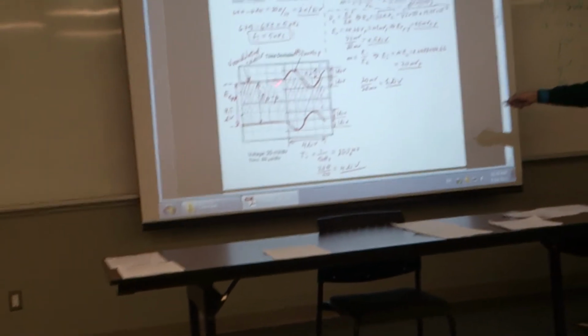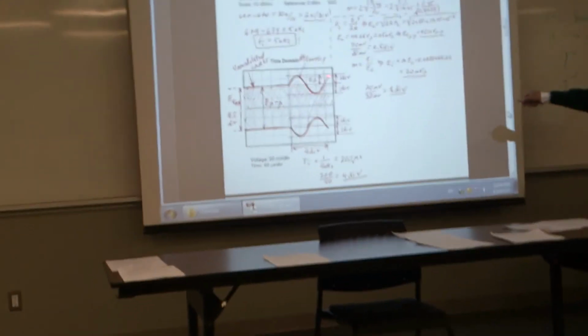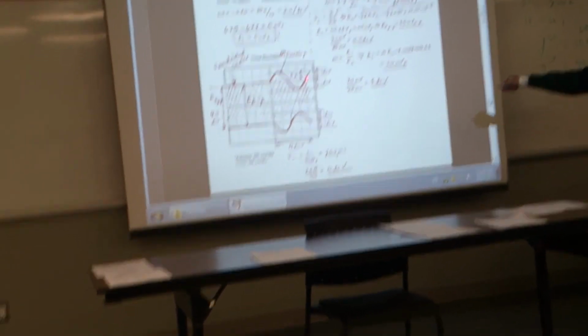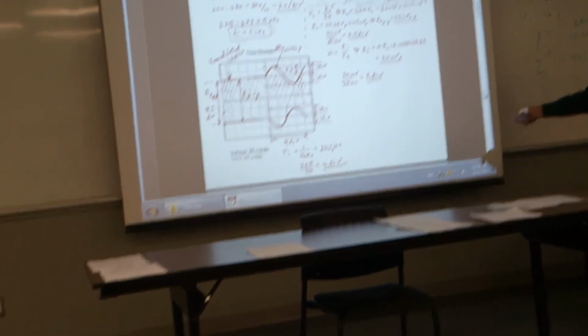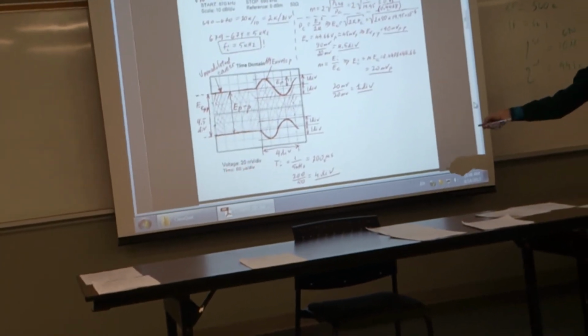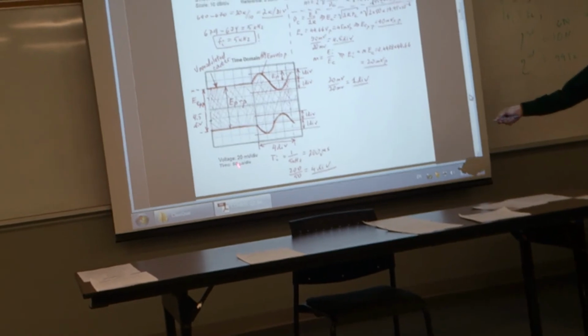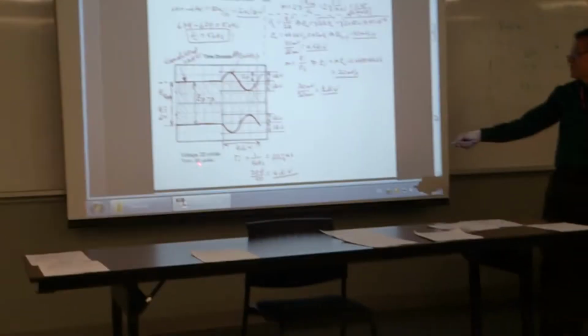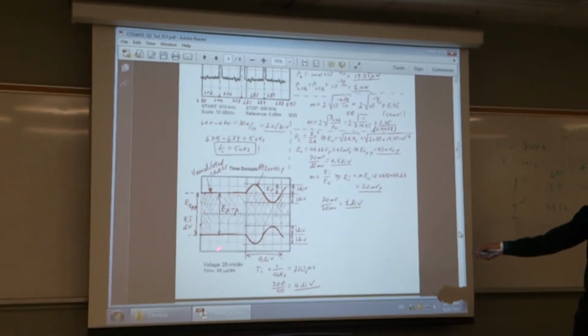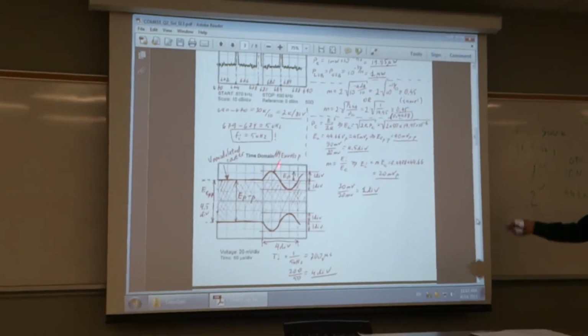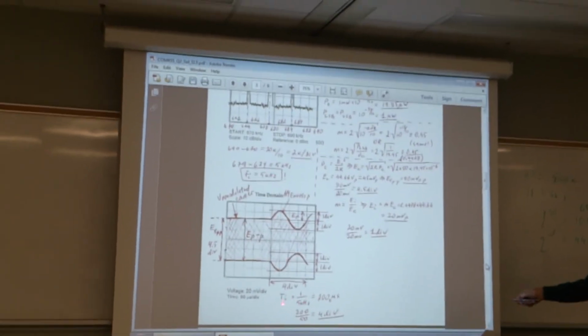For this we have 50 microseconds per division. My 5 kilohertz gives a period of 200 microseconds. That means the period will be 1, 2, 3, 4 divisions. In terms of the frequency, I got it.